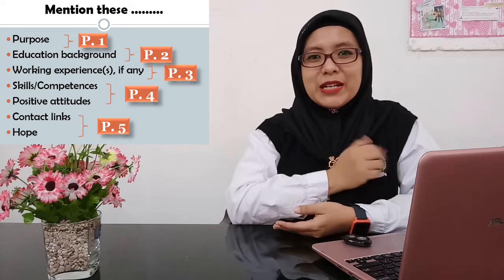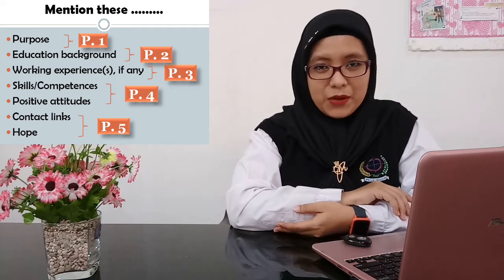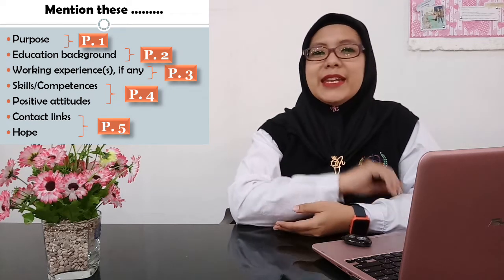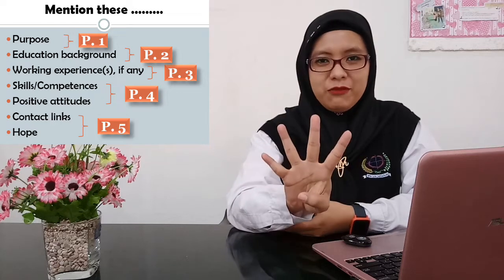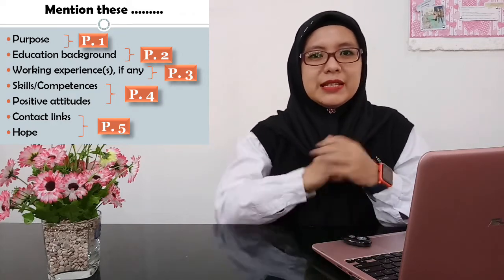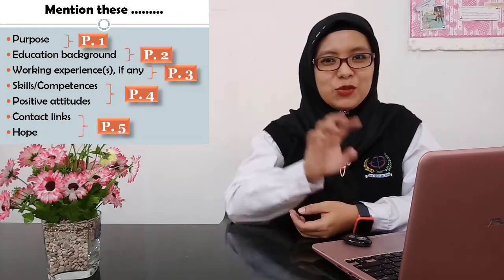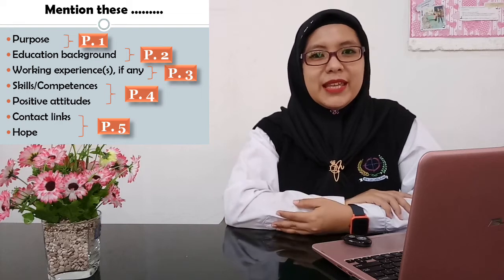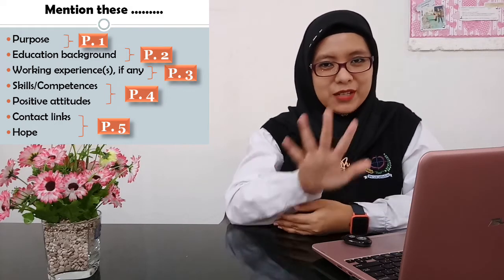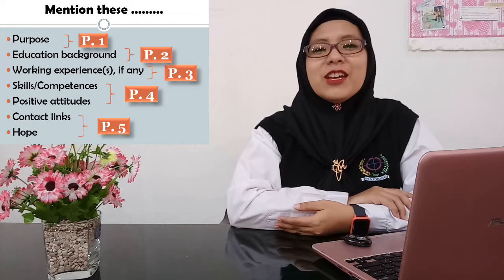And then the next paragraph, paragraph 3, you only mention your working experience. Okay? And in the next paragraph, paragraph 4, you combine the information about your skills and competencies as well as your positive attitudes. And then the last one, of course, paragraph 5, you mention your contact links and your hope.